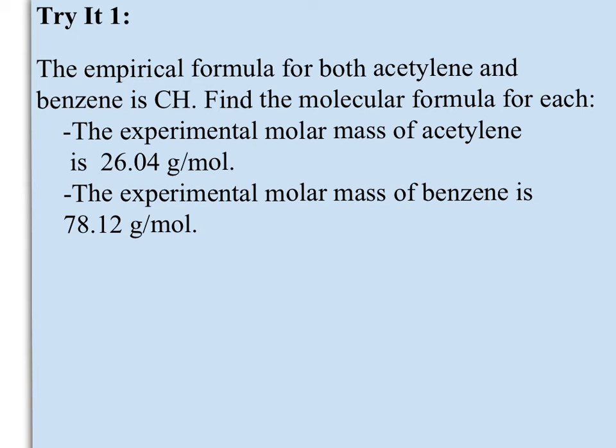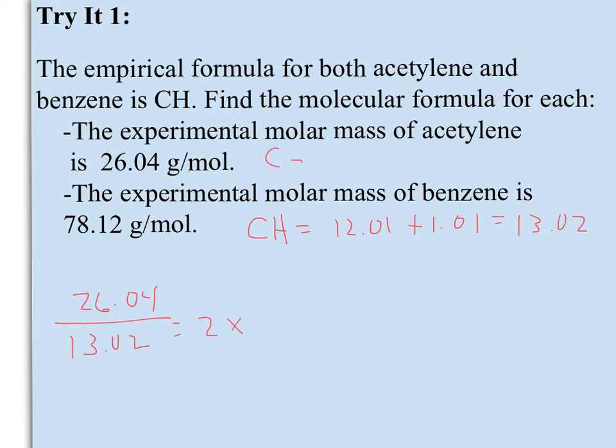So my first step would be to find the molar mass of CH, or the empirical formula. So 12.01 plus 1.01 gives me a molar mass of 13.02. So for the acetylene, I can take 26.04 and divide by the 13.02, and I see that it's 2 times as much, so acetylene must be C2H2.